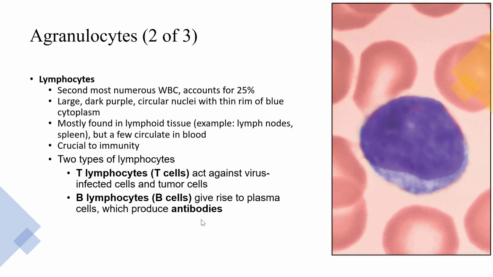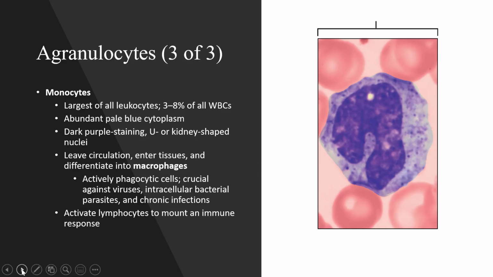The T cells are your cytotoxic T cells, known to be like the killer T cells. They act against virus infected cells and also tumor cells. And the B cells are the ones that give rise to the plasma cells or the antibody producers. Then you have your agranular monocyte.